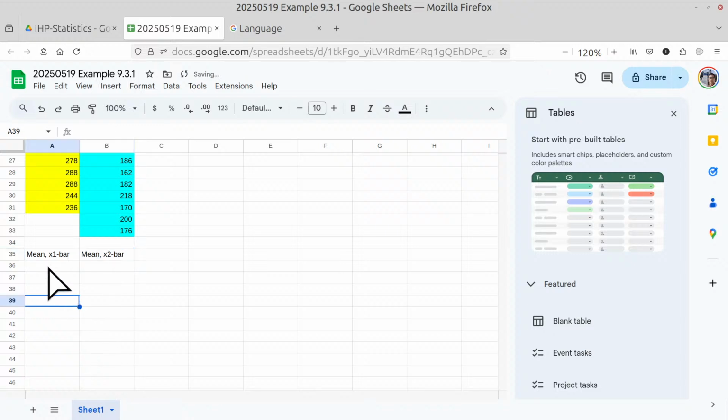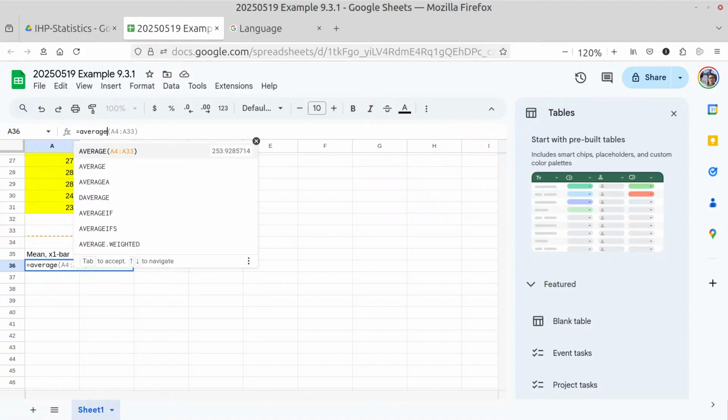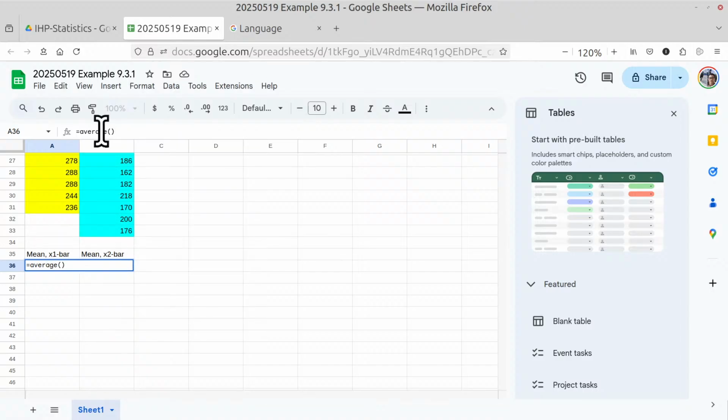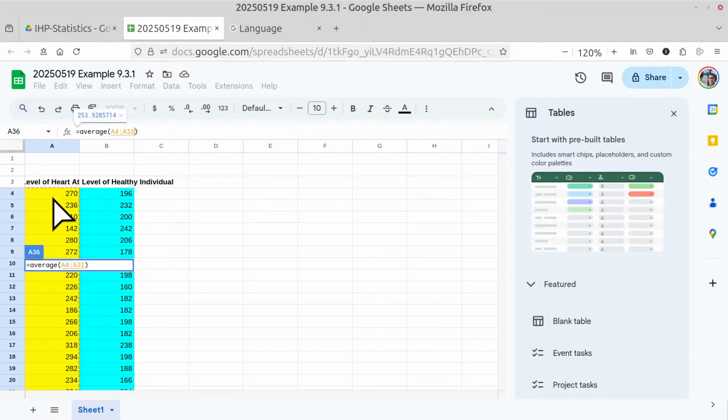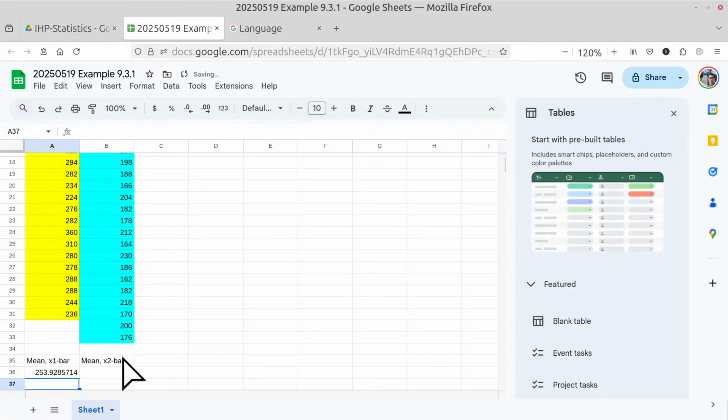You can check this: click here and move to the function column. Click equal and type average, and select the range as we want. Yeah, get it?